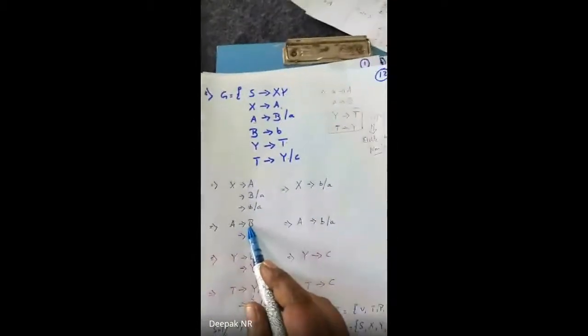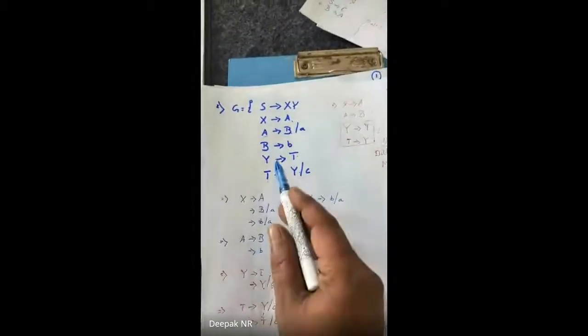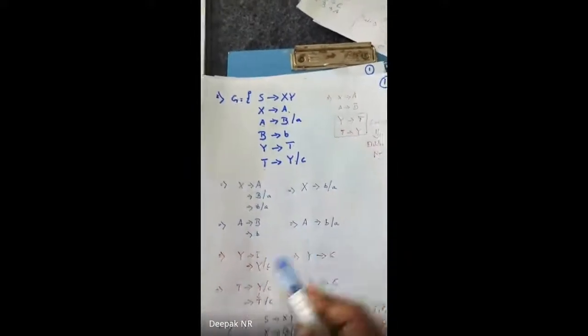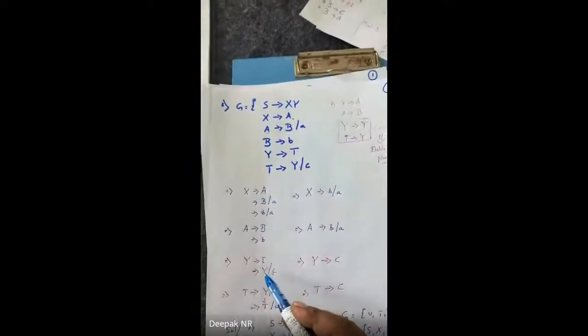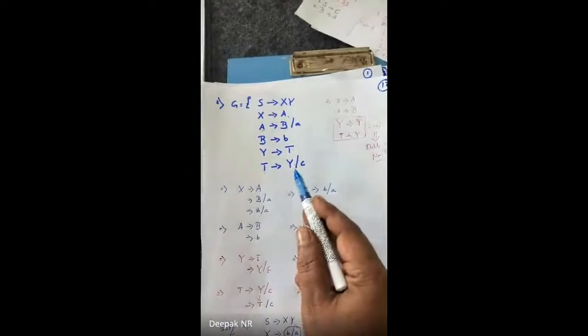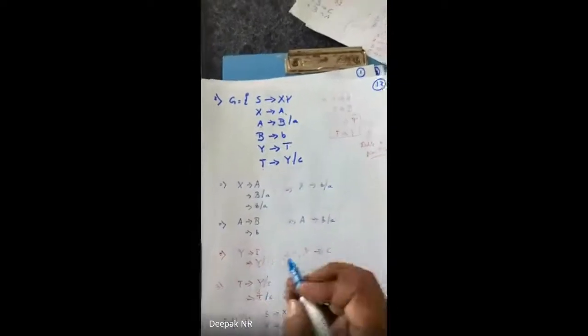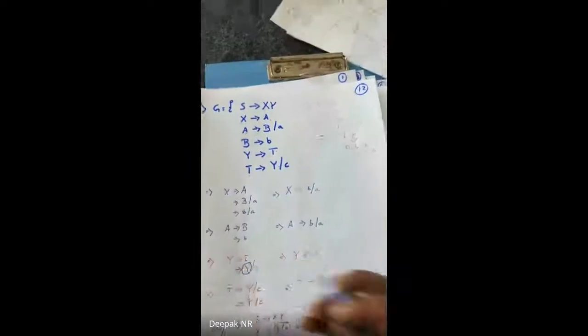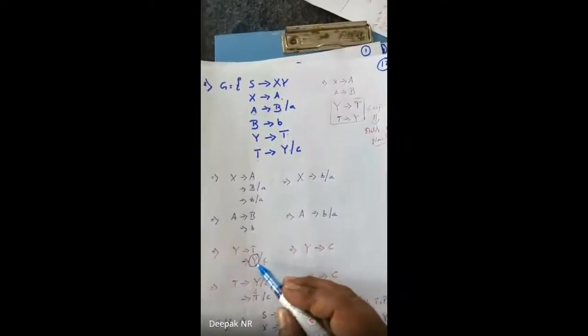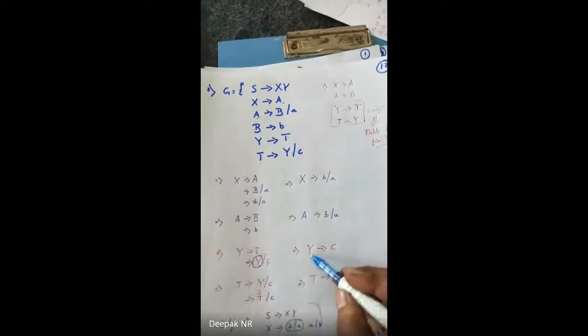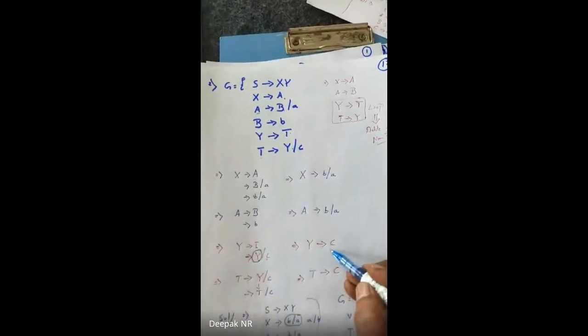A tends to B, the second one. The value of B is b, so I've rewritten it. Y tends to T, where the value of T is Y slash C. The Y, as I've said, is in a loop. So blindly, I will delete Y. So Y tends to C will be my answer.